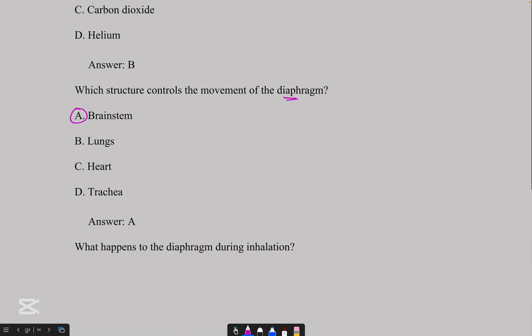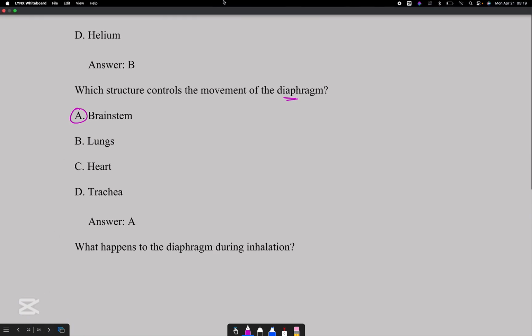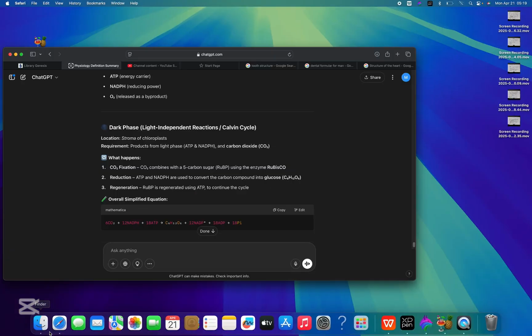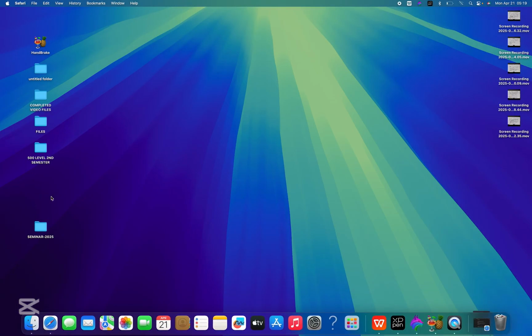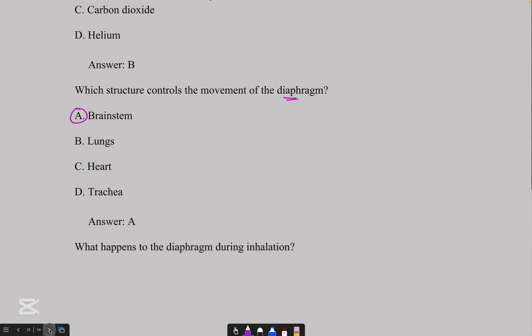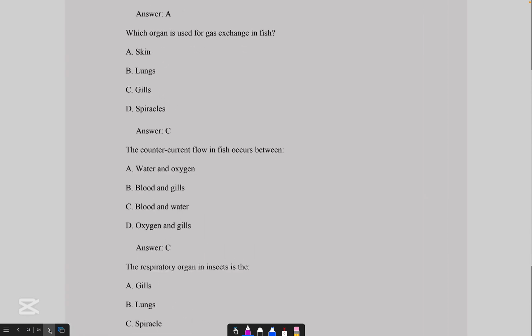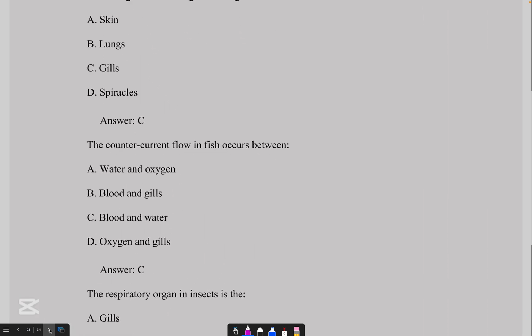What happens during inhalation? This one is very simple. The diaphragm contracts and moves down.